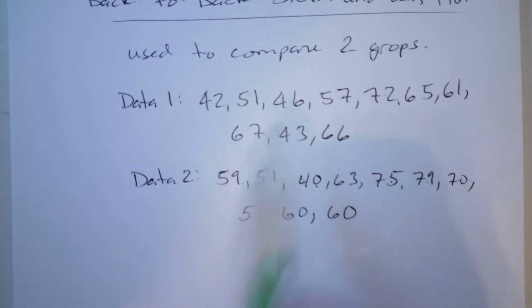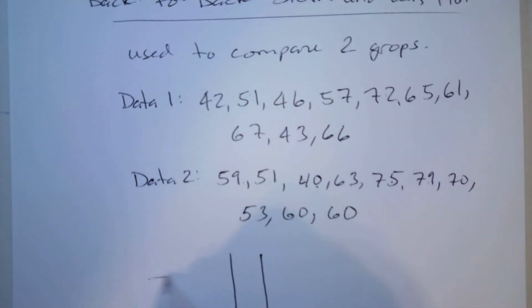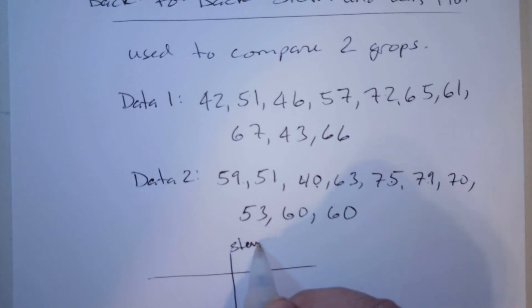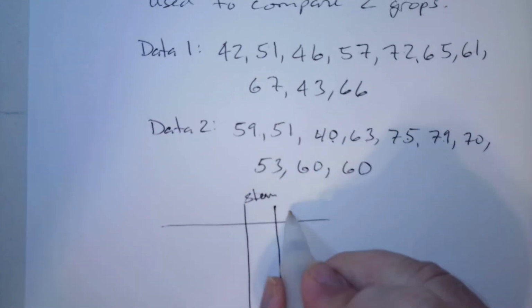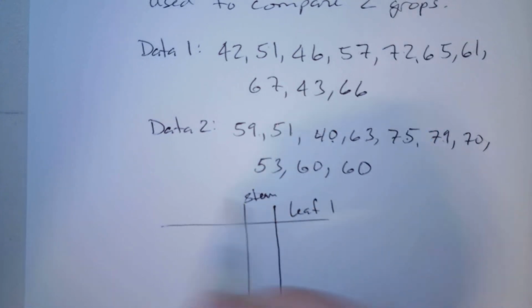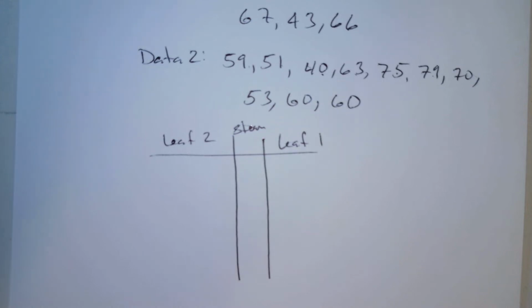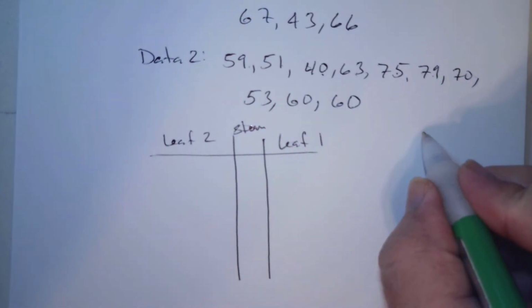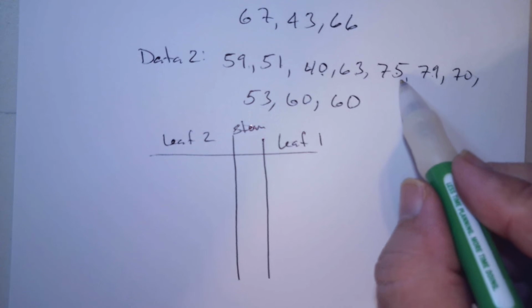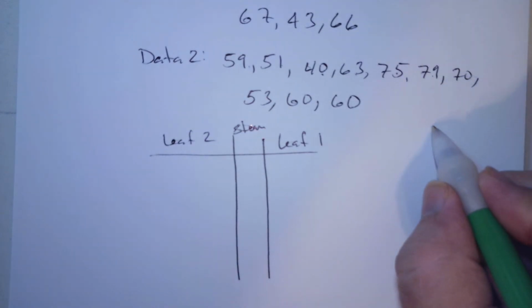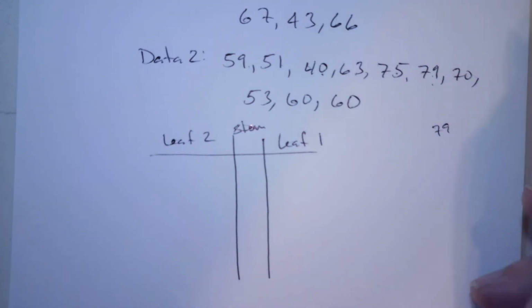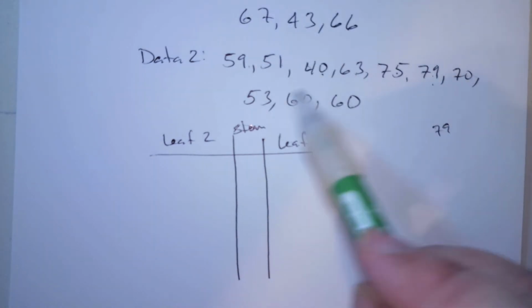Alright, now since we have two different groups, and they're all two-digit numbers, we use the back-to-back stem and leaf. Here's our stem, leaf 1, leaf 2. Again, like last time, the highest number of all the data is 75 or 79, and the lowest is 40.